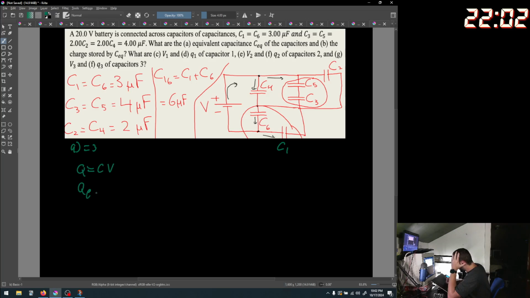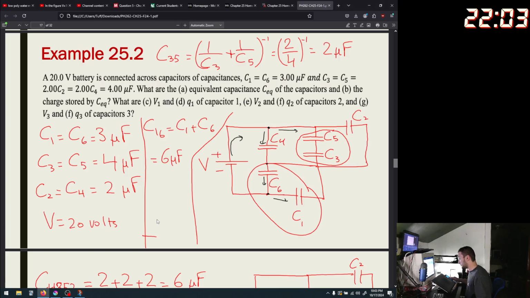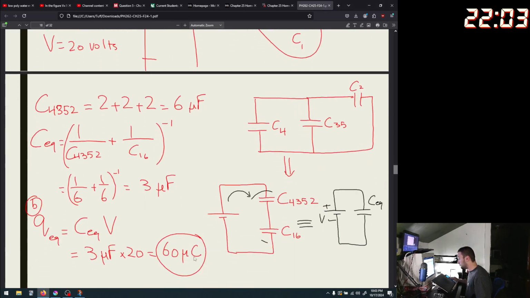Q equivalent equals C equivalent V. Q equivalent equals 3 times 20, which is 60. Yep.